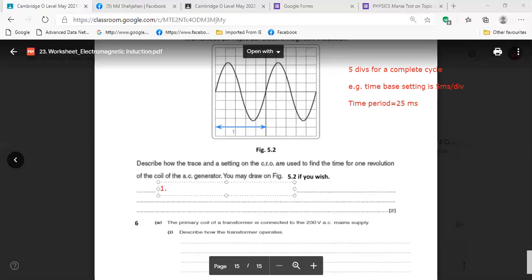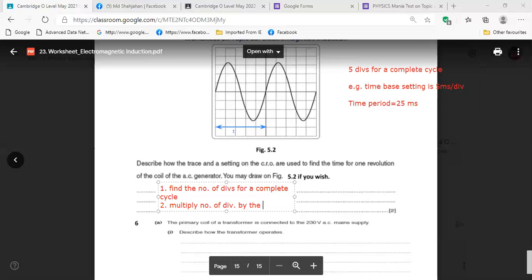Number one, find the number of divisions for a complete cycle. Then the second step is multiply the number of divisions by the time base.